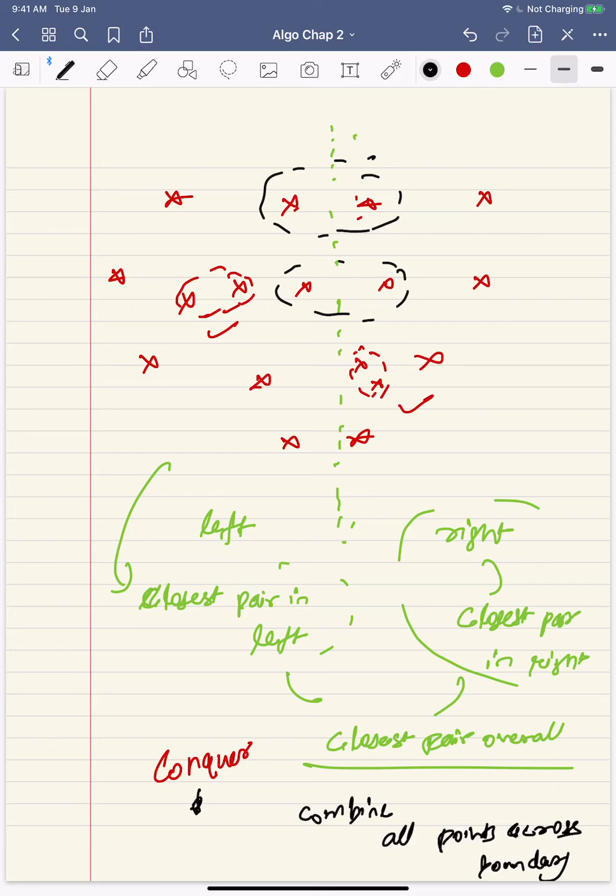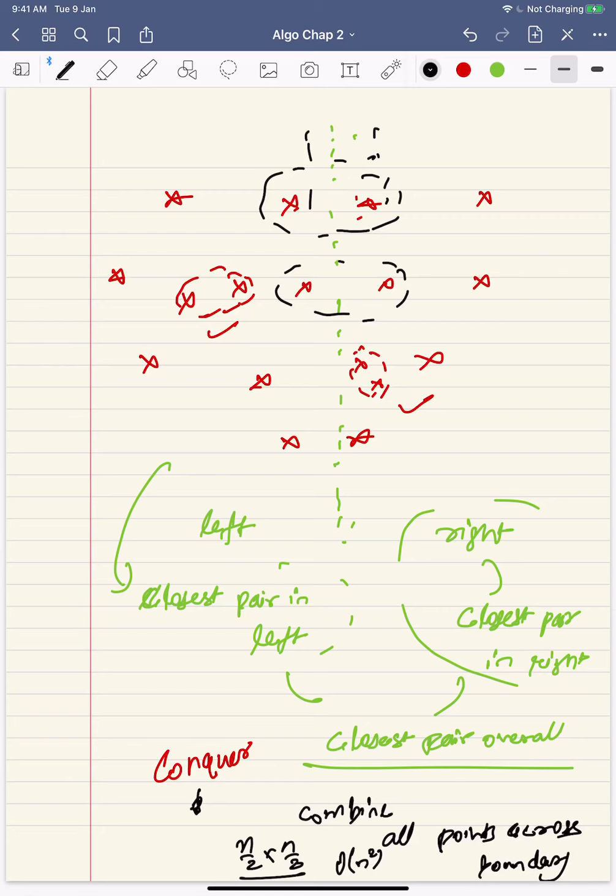In the worst case, all n by 2 points can lie on the boundary here. So you may have to do all n by 2 cross n by 2 comparisons. Let's say we divide such that there are n by 2 in each, and we still have to do n by 2 cross n by 2. That is already n square. So that simple thing will not work.